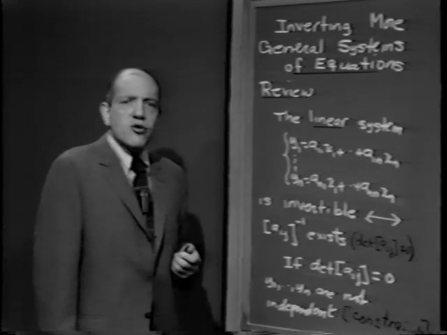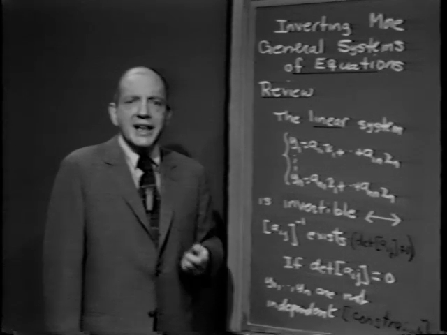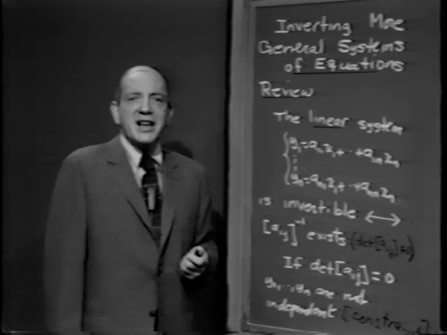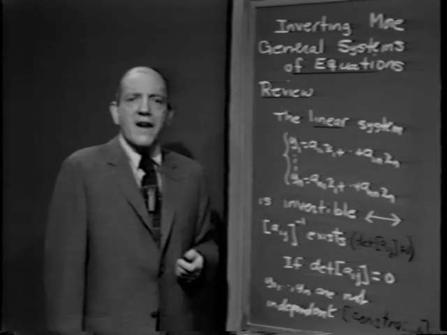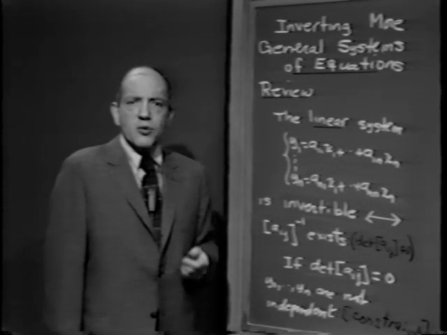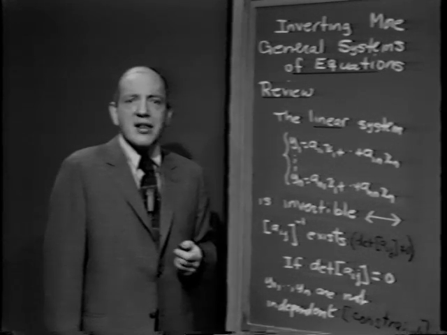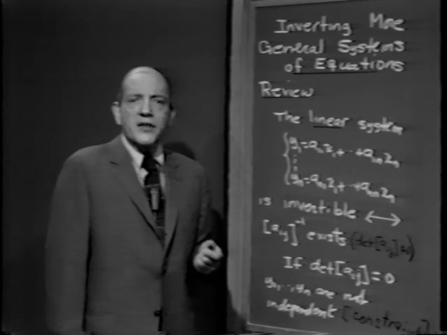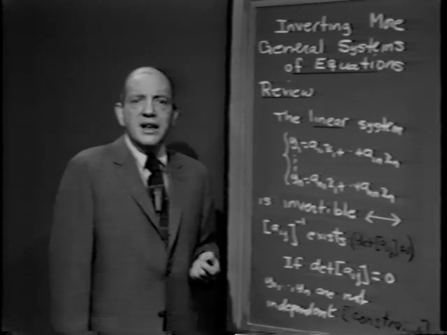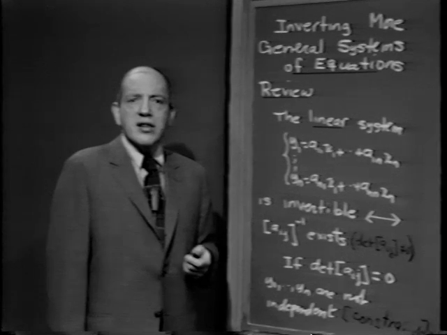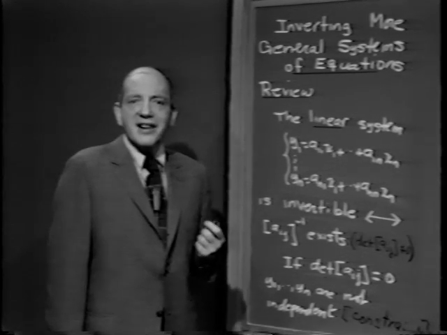So what situation were we at then? Given a linear system, if the matrix of coefficients does not have its determinant equal to zero, the system is invertible. We can solve for the x's in terms of the y's. If the determinant of the matrix of coefficients is zero, the y's are not linearly independent. In other words, the system is not invertible.